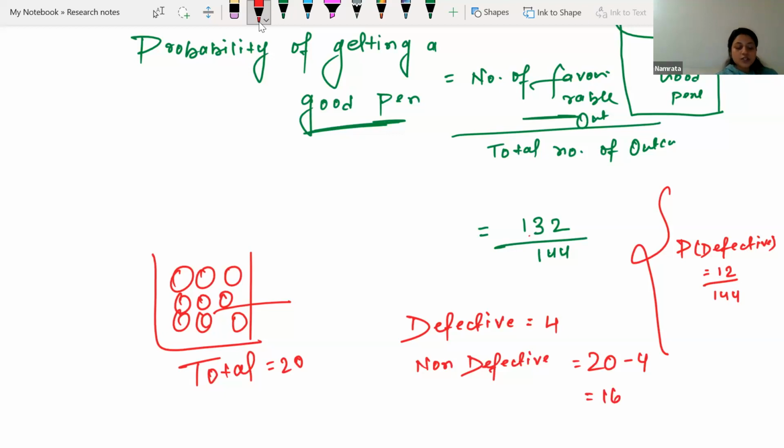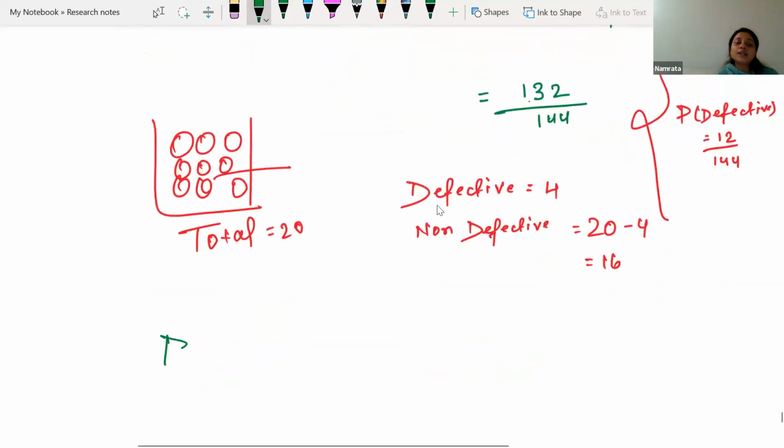Now the question says, what is the probability that this bulb, we are taking a bulb randomly from this basket, is defective? We have to find the probability of getting defective.